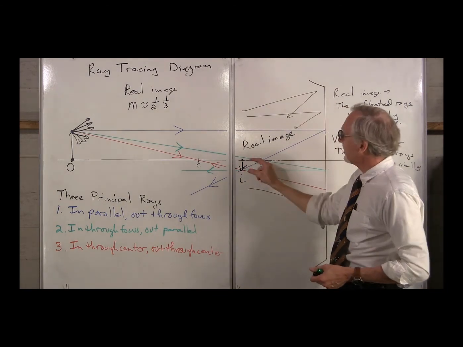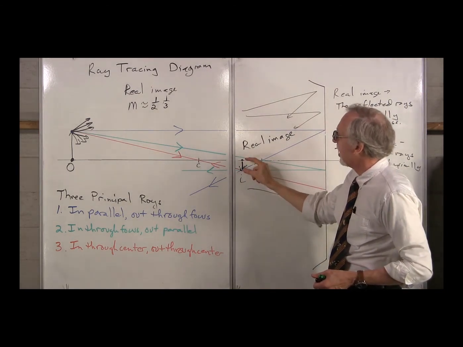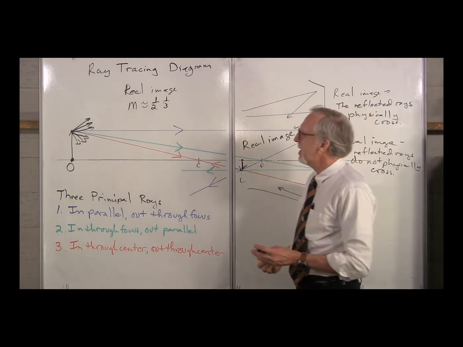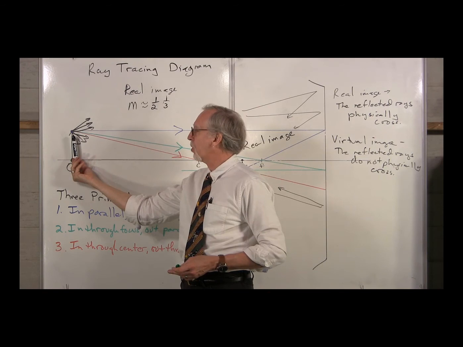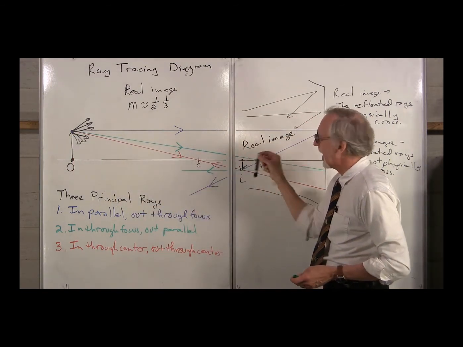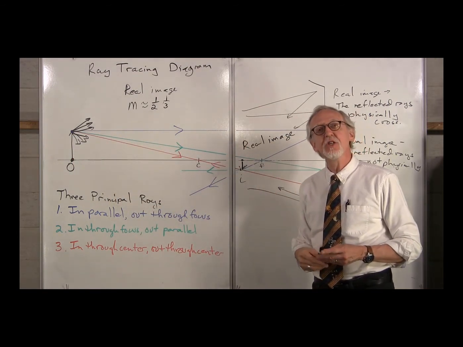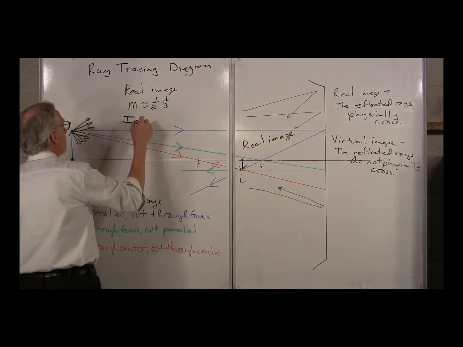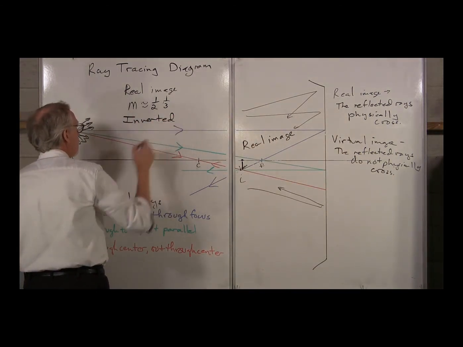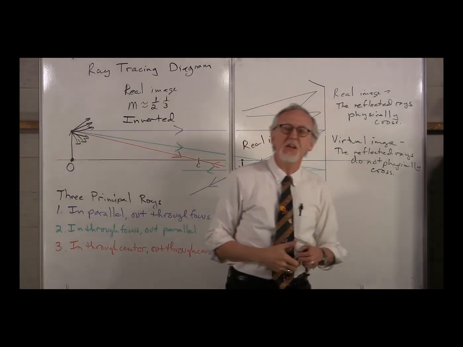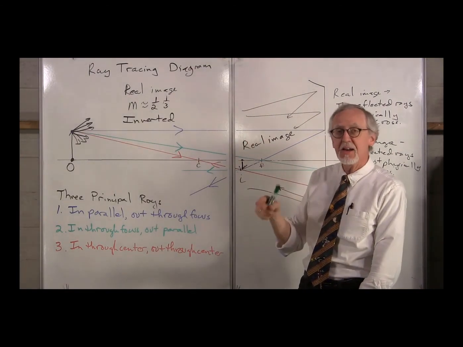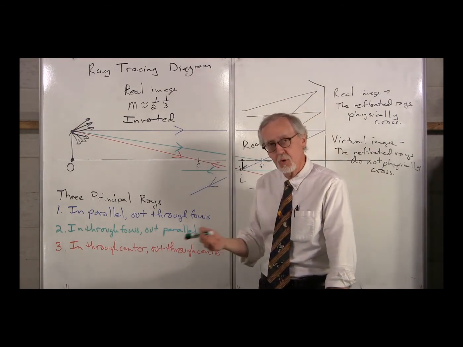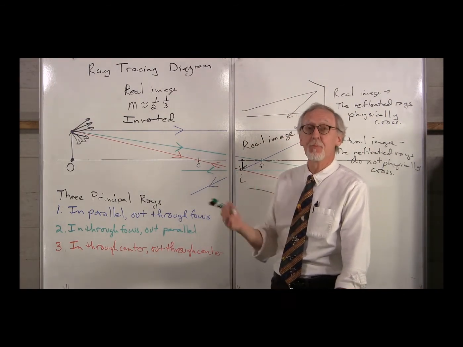However, let's notice that the orientation of the image is opposite the orientation of the object. The object is pointing upwards, the image is pointing downwards. We say that the image is inverted. When the orientation of the image is opposite that of the object, we say the image is inverted. When it is the same orientation, we say it's upright.